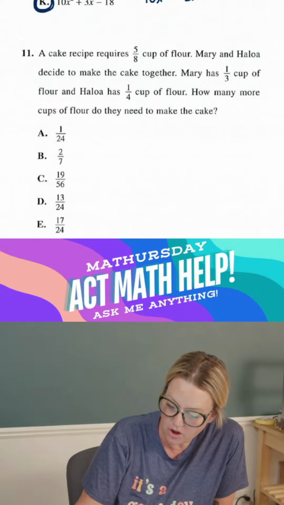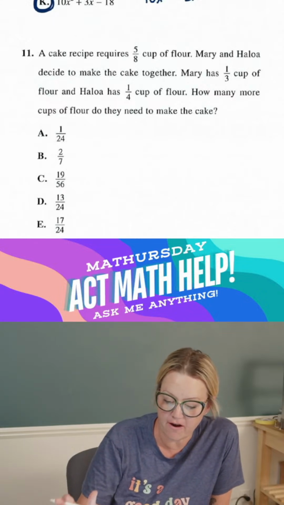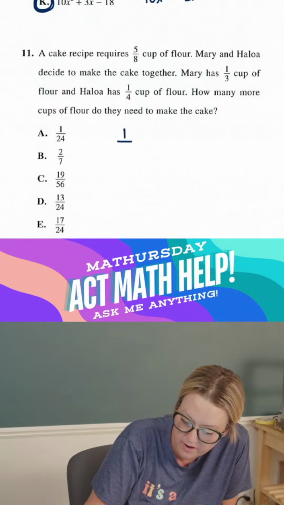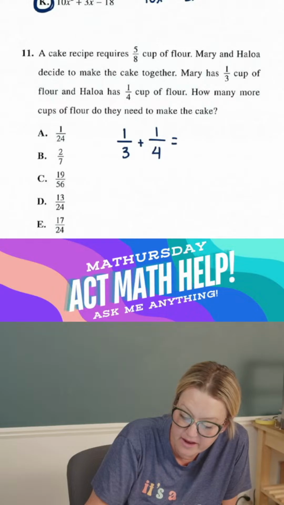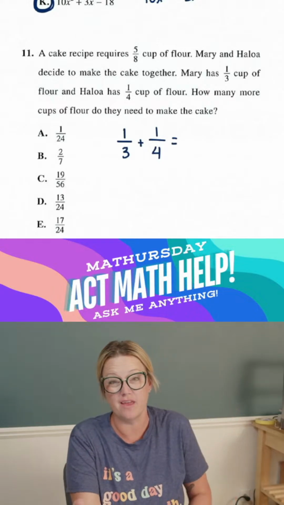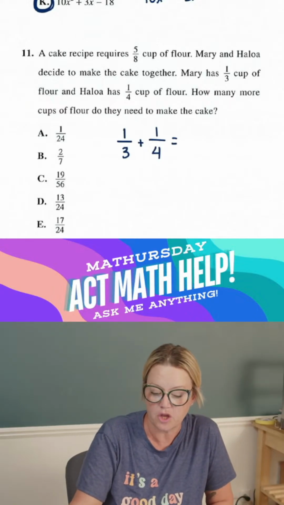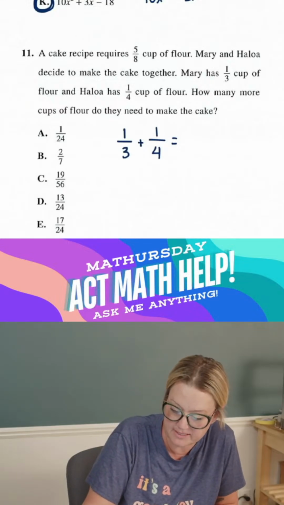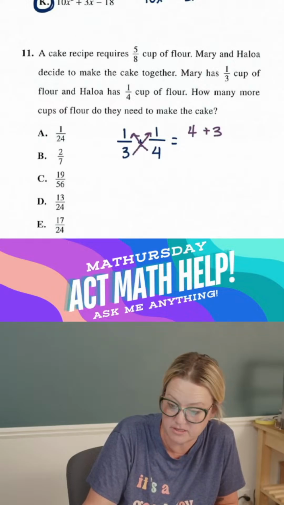Okay, so I'm going to first figure out how much flour we have. So we have 1/3 plus 1/4. When we're adding or subtracting fractions, we need to make sure they have a common denominator. So I call it crisscross applesauce. I'm just multiplying across.